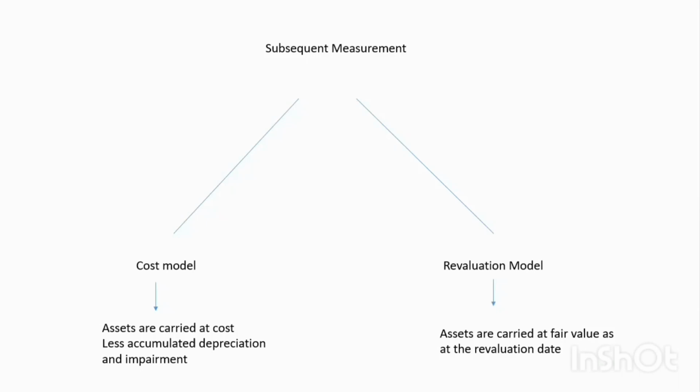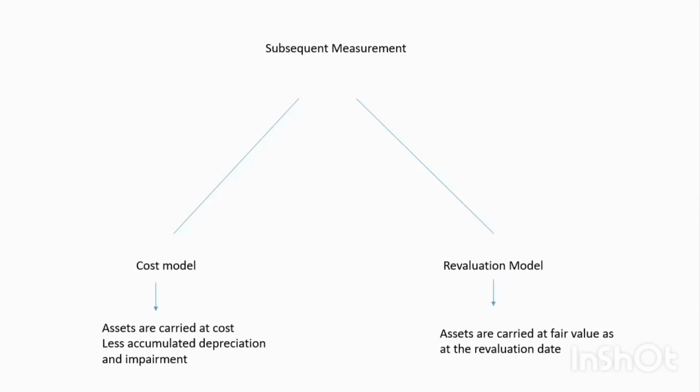So what is the fair value of the assets? Now, when the asset is recognized initially, all assets are recognized at cost. But if an entity chooses to continue with the cost model, the entity will present the assets in the statement of financial position at cost, less accumulated depreciation.